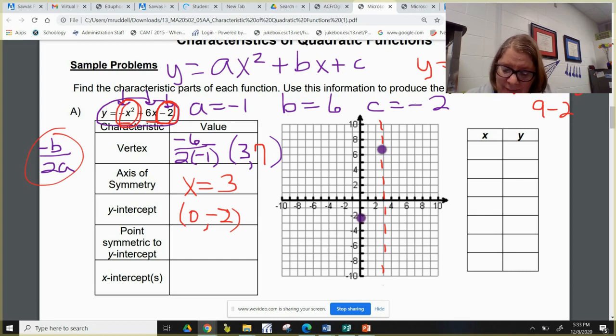Now I need a point symmetric to the y-intercept. So think about this: it is -2, right? How far is that from that dotted line? It's 3. 1, 2, 3. So go 1, 2, 3, and that's going to be 6, -2.